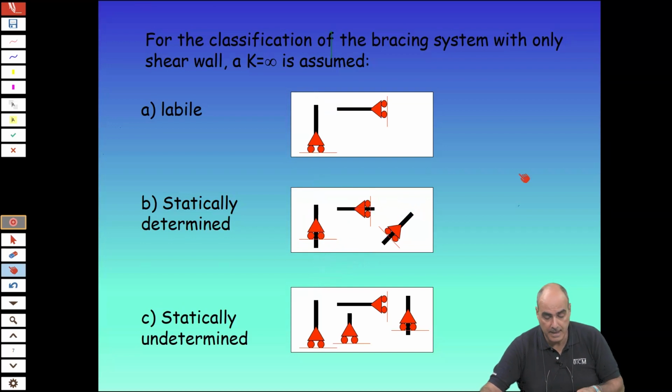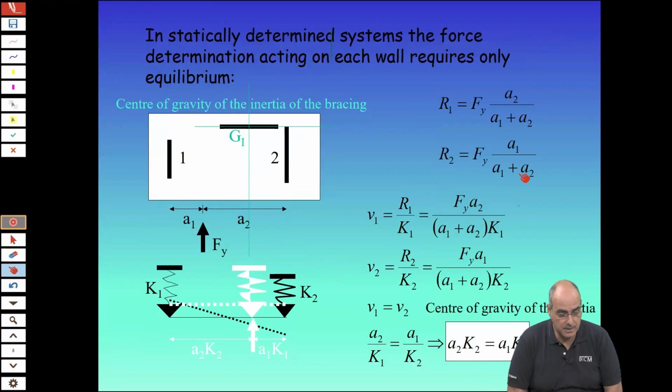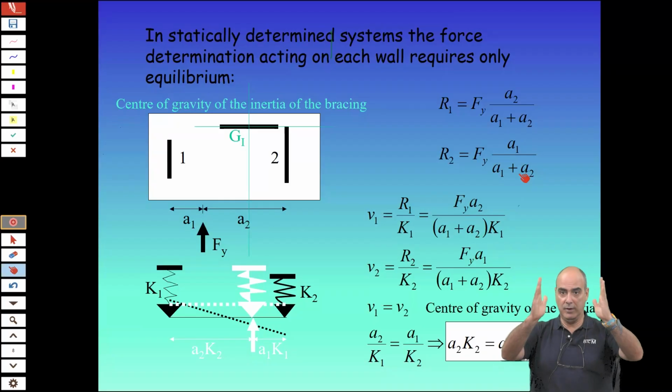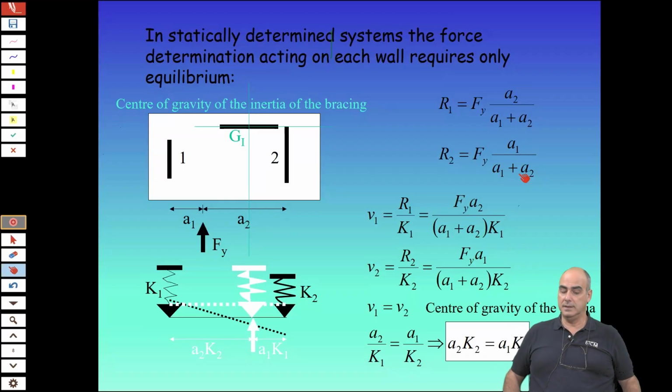Okay. So now let's try to imagine this. How do we distribute the force among these 3 elements here? Well, this is a stable system in the sense that you have 2 parallel ones. No one of them has a common center. How do you distribute the force?